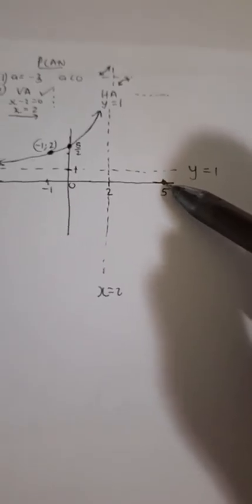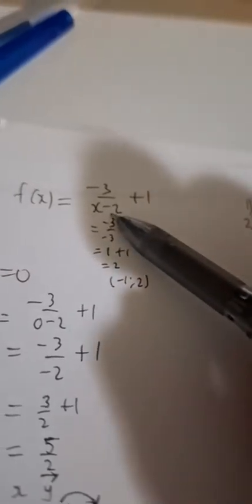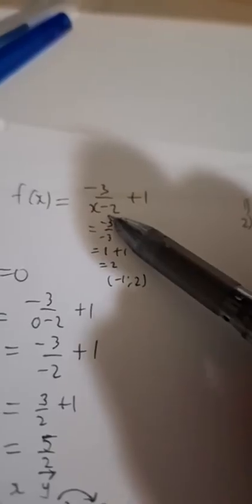So let's go this side to sketch the arm in the fourth quadrant. We already have a point there, (5, 0). Let's try and find a point in between, let's say the point x equals 3. Let's substitute 3 in the place of x. 3 minus 2 is 1 for the denominator. -3 divided by 1 is -3.